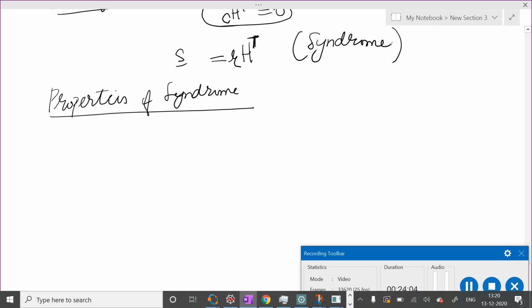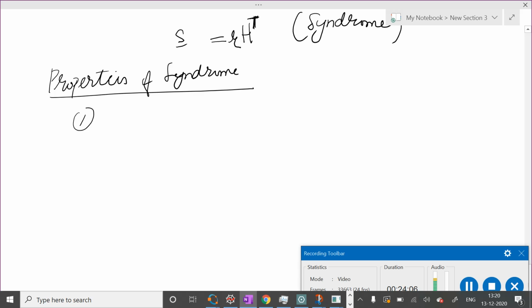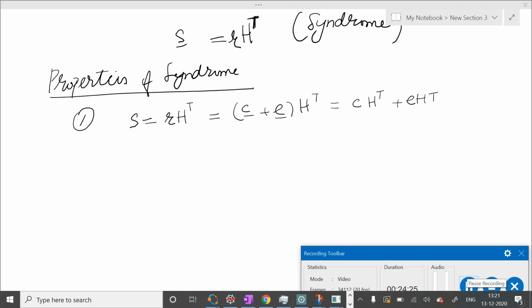The first thing is that, let's write it. So S is RH transpose. R is the code word plus error pattern, times H transpose, which is CH transpose plus EH transpose. CH transpose is 0, and what remains is EH transpose.